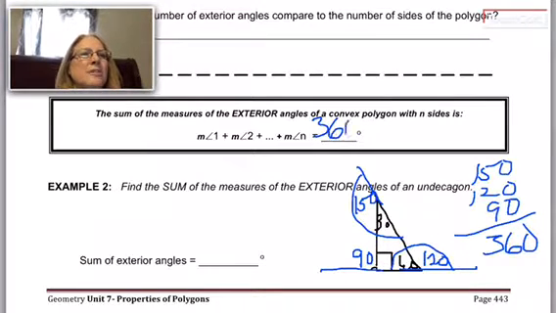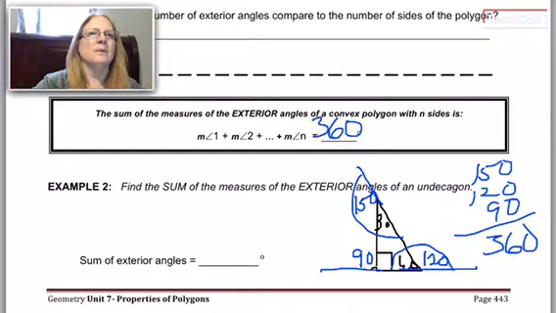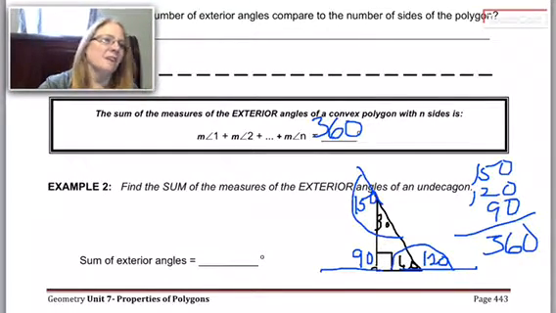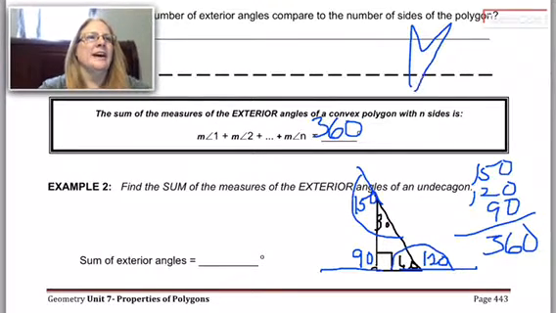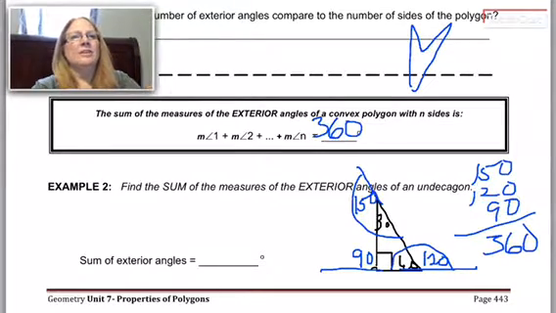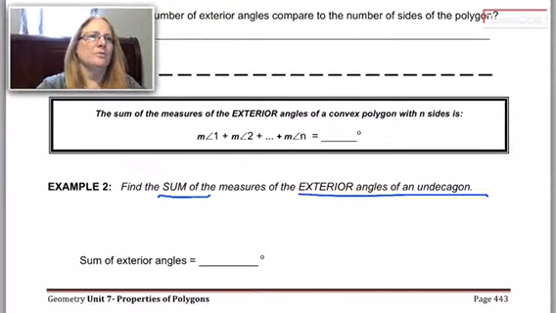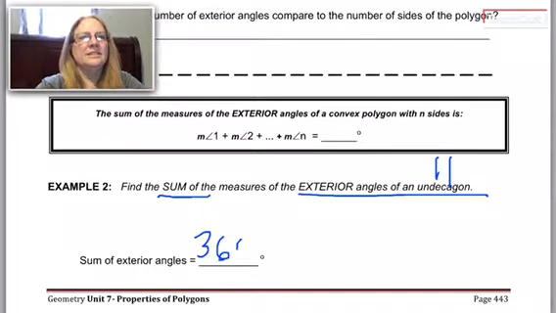So it doesn't matter how many sides a polygon has, and it doesn't matter if it's a regular polygon or not. As long as it's a convex polygon, it doesn't cave in on itself, then the sum of the exterior angles will always be 360. So if they ask you for the sum of measures of exterior angles of an undecagon, that's 11 sides, it's 360.